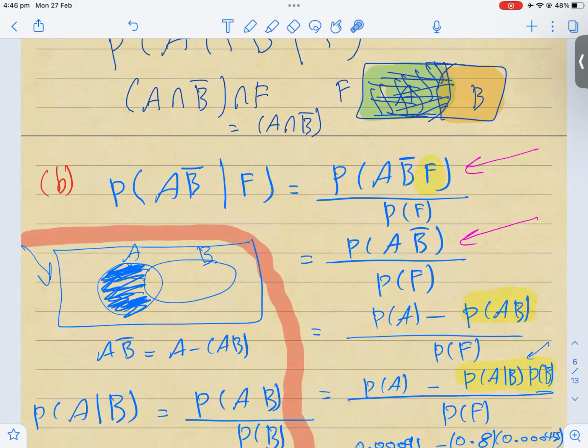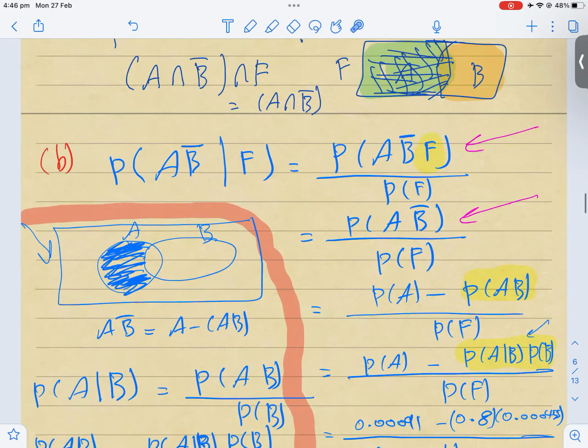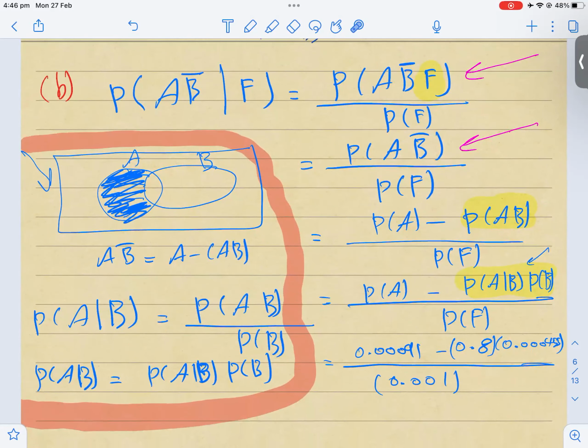All right. So now, probability of A, B bar. We can write this one, probability of A minus probability of A intersection with B, divided by the same denominator. Again, why? You will see these things in, I'm not sure if the tutorial solutions will be available.